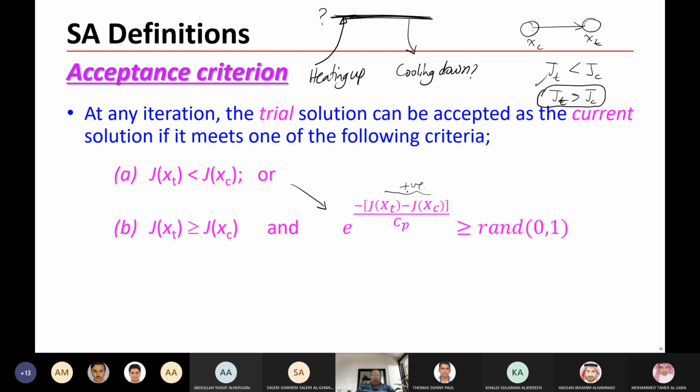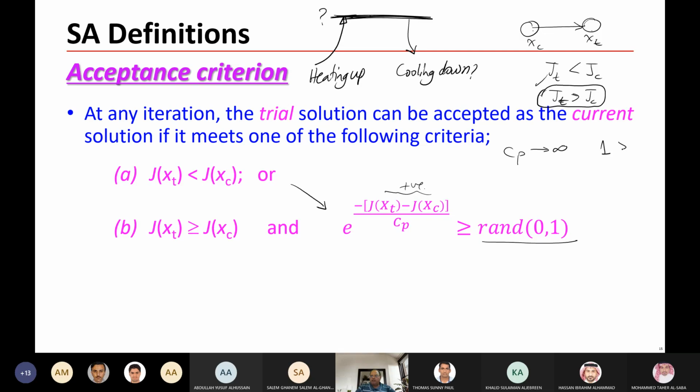So e to the minus delta J over the control parameter or the temperature is greater than a random number between 0 and 1. Again, if CB is very high, this is equal to 0 and this goes to 1.